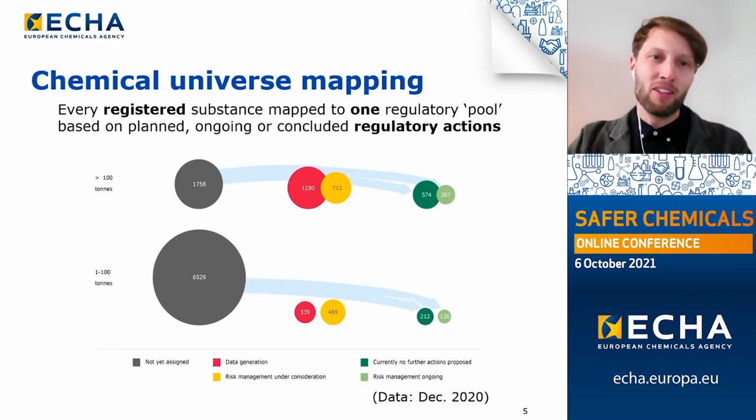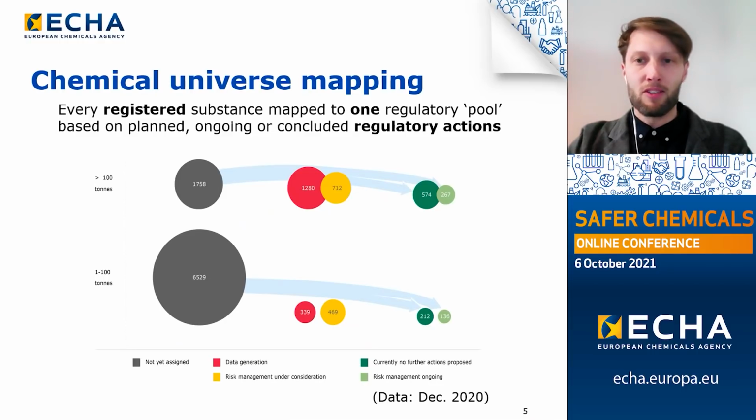Now you can imagine over time, the goal is to reduce the size of these gray bubbles, to increase our understanding of the chemicals that are registered under REACH, and to identify the proper way forward for them. And with the chemical universe, we can map this.